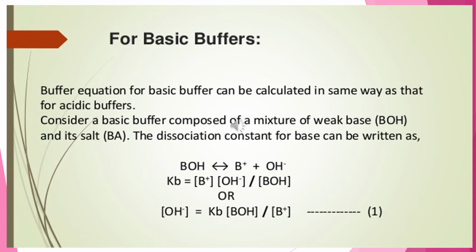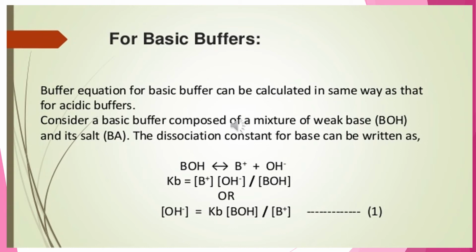So the equation for a basic buffer can be calculated in the same way as that for an acidic buffer. Consider a basic buffer composed of a mixture of weak base BOH and its salt BA. The dissociation constant for base can be written as, BOH is dissociated into B plus ion and OH negative ion.